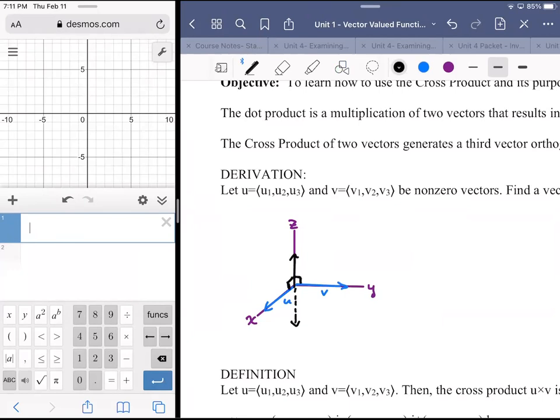Same thing on the bottom end. And so this would be our W, and this would be negative W. So that's a way to do it.